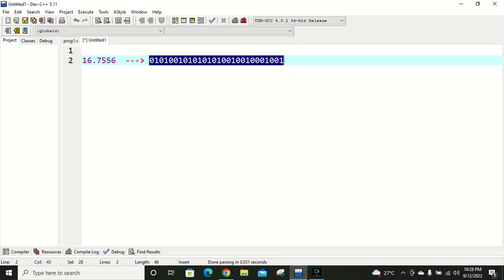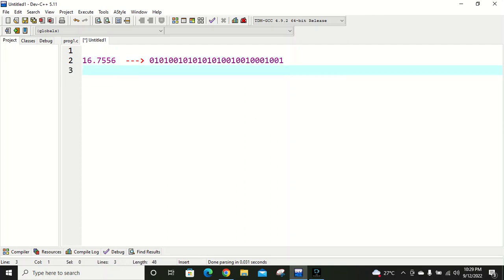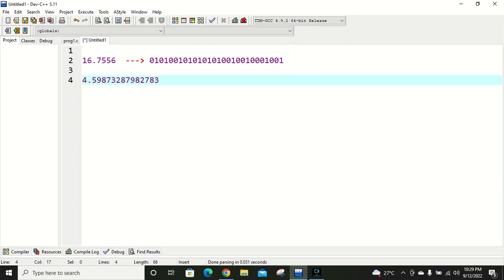Precision is something like this: if you write a number, suppose I am taking 4.56, up to how many decimal places is your value correct? In single precision, if you are taking a small number of digits, you can represent up to 6 decimal places, 3, 4, 5, 6. Up to 6 decimal places your number is correct, and after that we do not guarantee that it is correct or not.